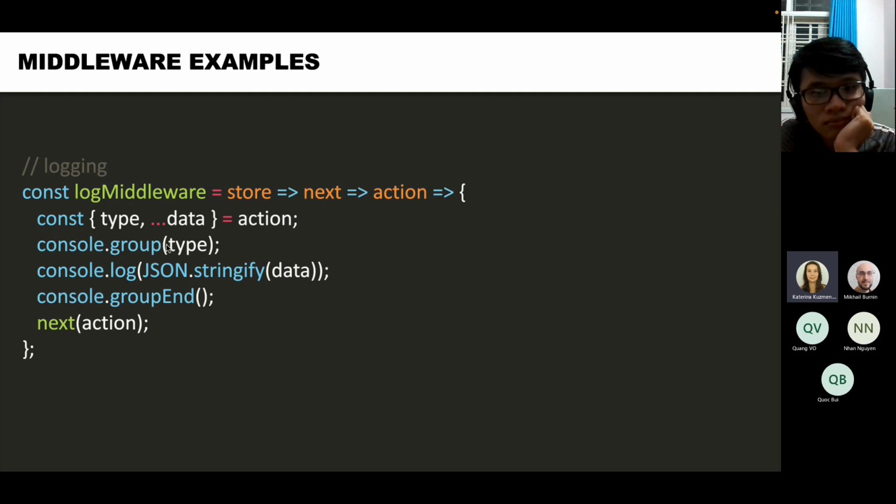We might group these actions by type and provide the data about what's happening in this group right now. That's what is written in this example.